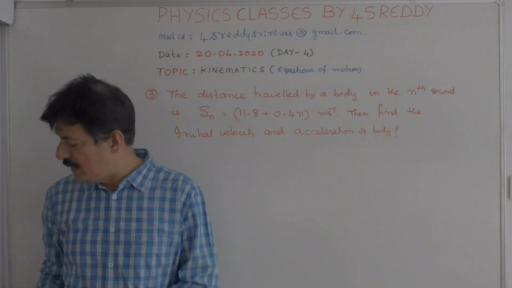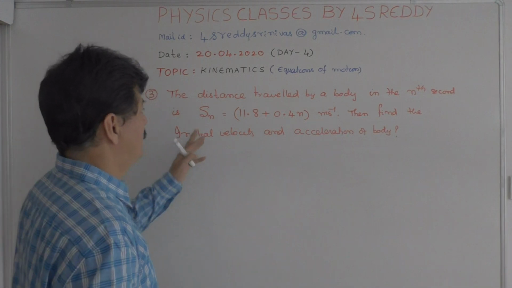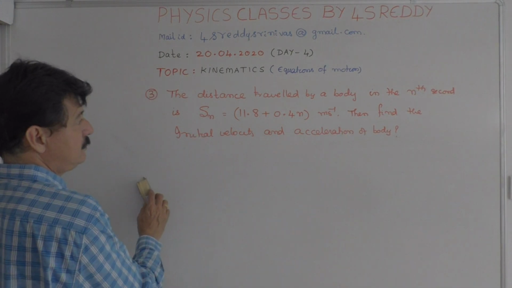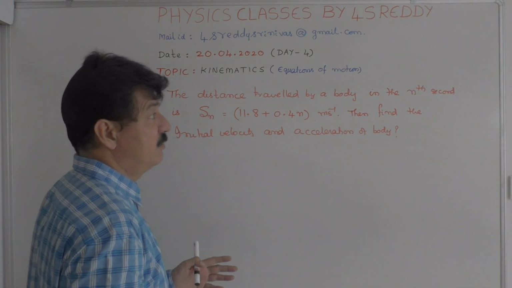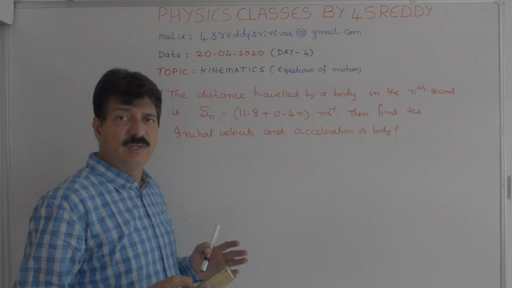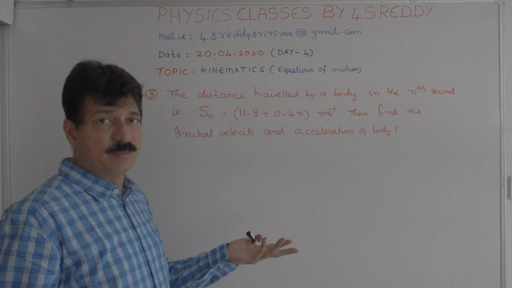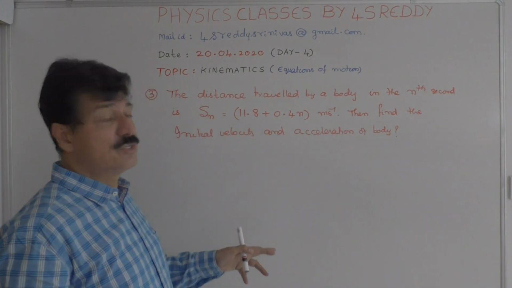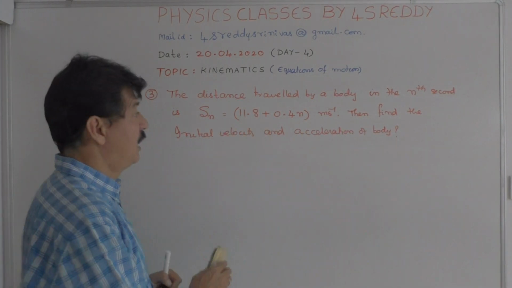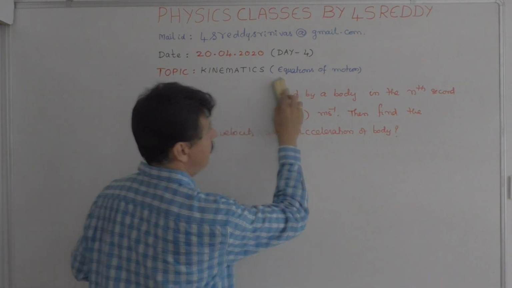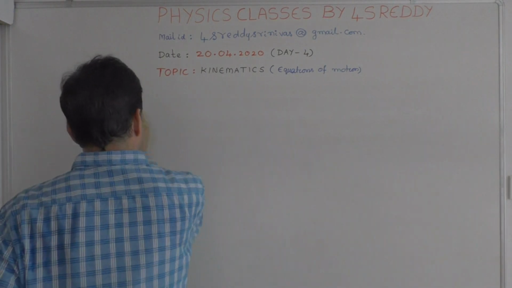This also we can easily write. First thing, whenever the distance traveled by a body in nth second, it is always given by u plus a into n minus half. But this is not in that form. So, the given equation should be converted in this form. How? It is simple.